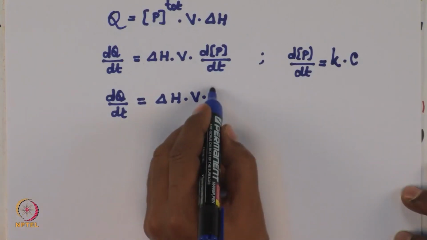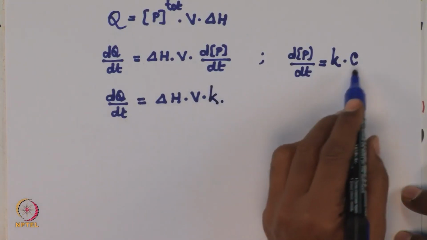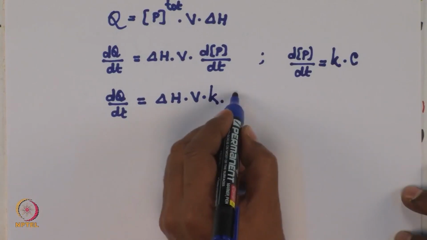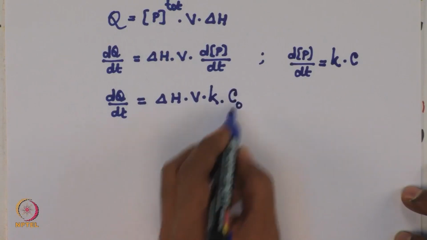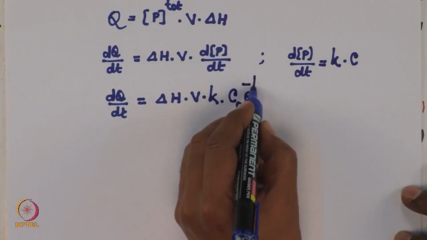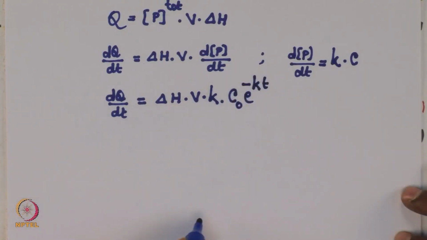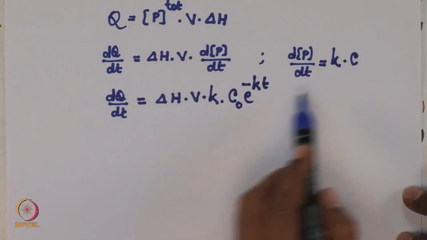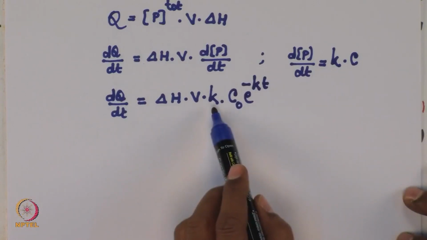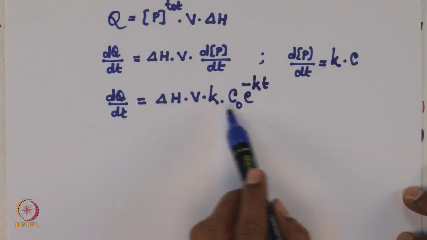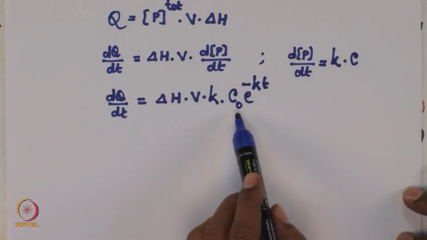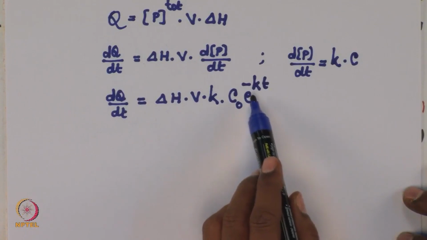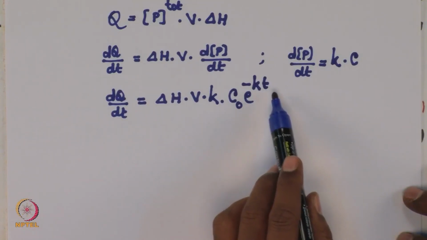So, I write this is equal to K, and for a first order reaction C is nothing but equal to C0, the initial concentration of the protein, exponential minus K times T. Try to understand this step where I am retaining K as K, and instead of C I am writing C0 into exponential minus KT.